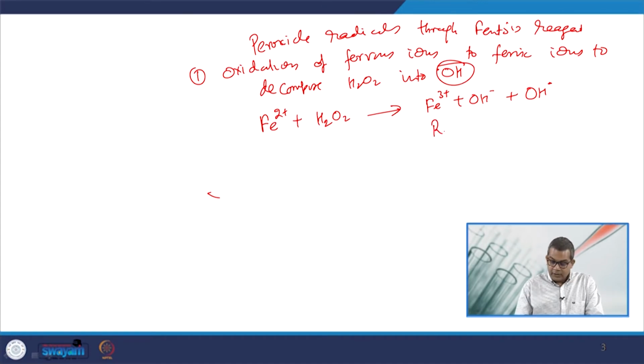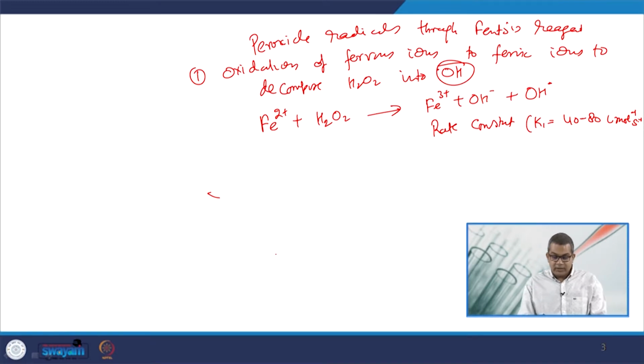Now, here the rate constant, that is K1, is somewhere around 40 to 80 mole inverse second inverse.